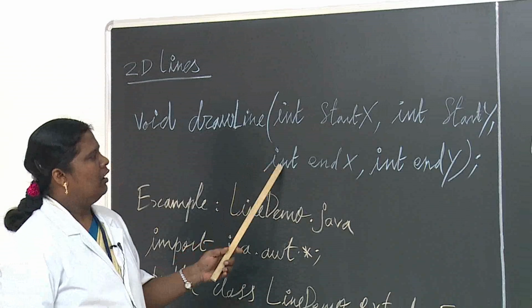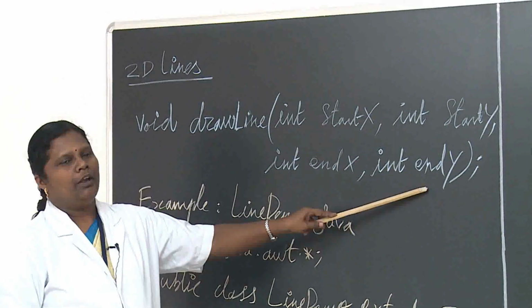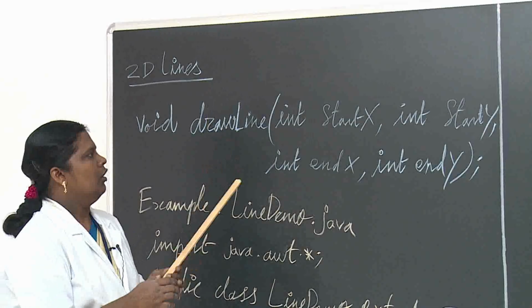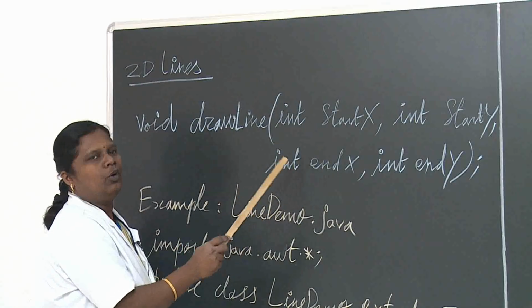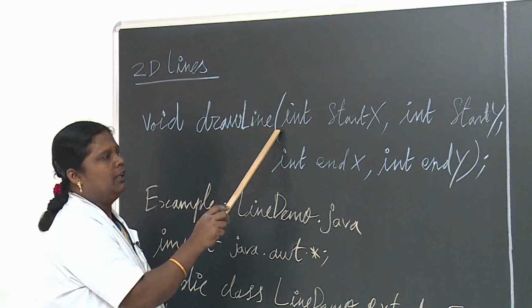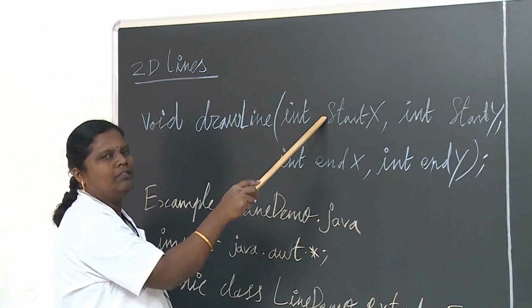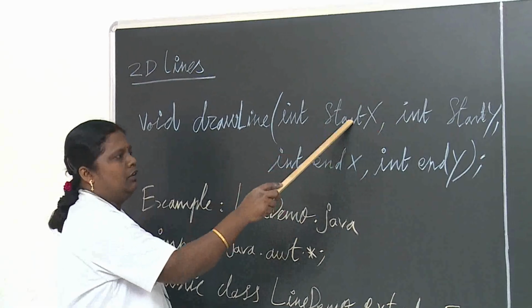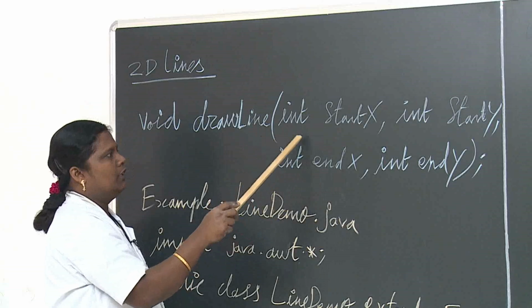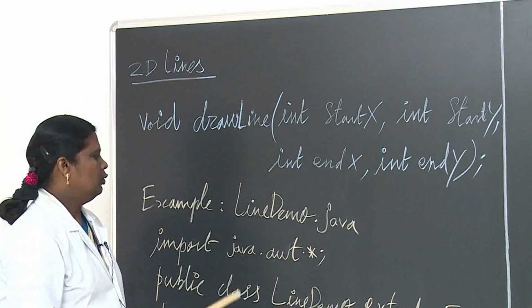The second 2, x2 and y2, represent the ending point of the line. With these 4 values, the drawLine function draws the line from the starting point to the ending point. It enables the pixels from the starting point to the ending point.